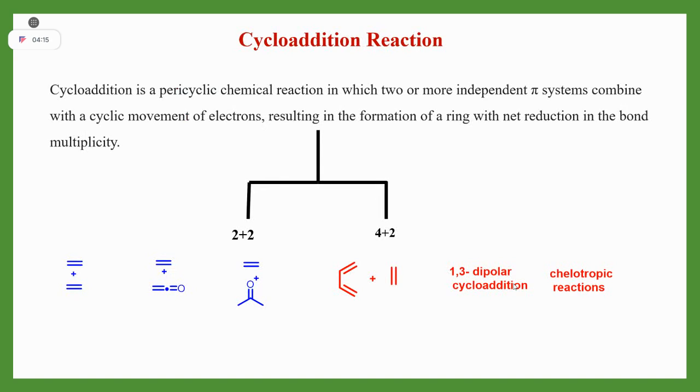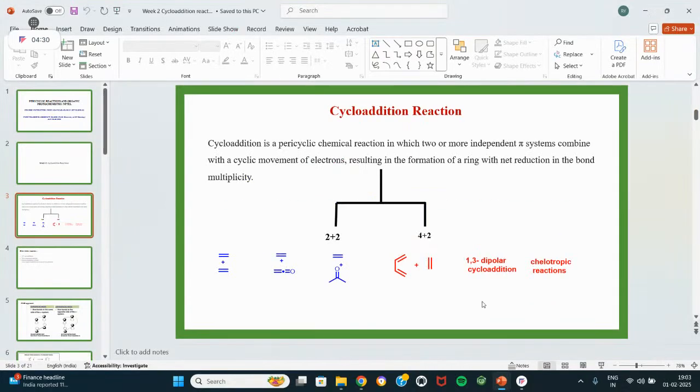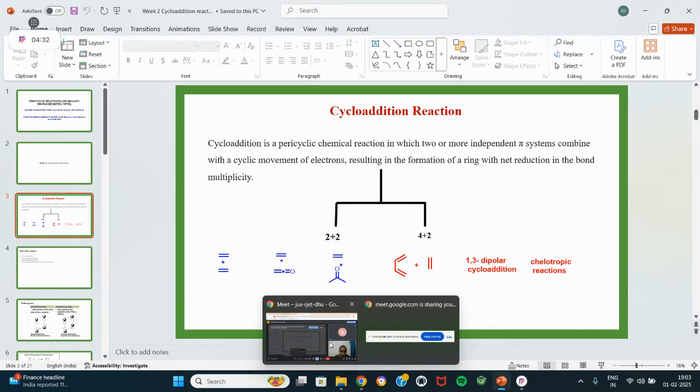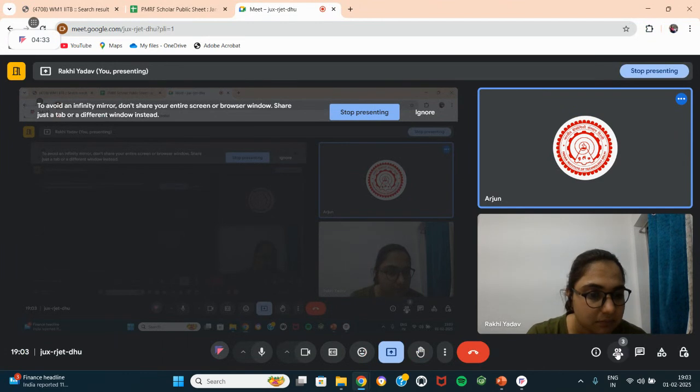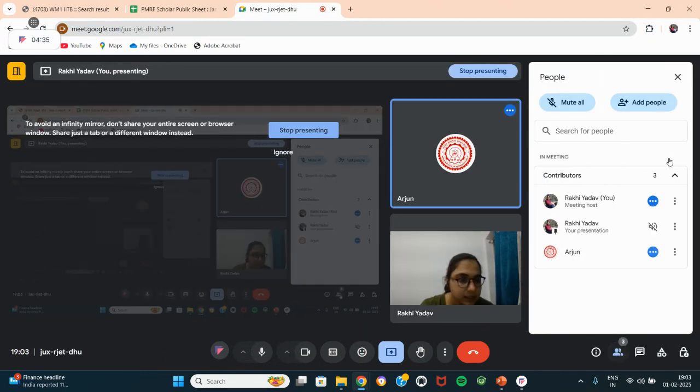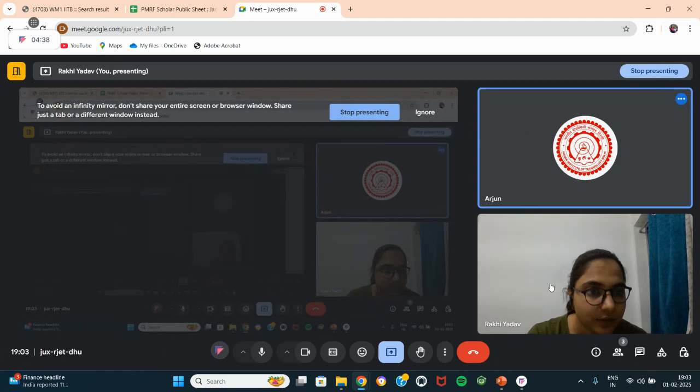So, can anyone tell me what a cycloaddition reaction is by looking at this term? Others are also coming, or not? Okay, no issue.